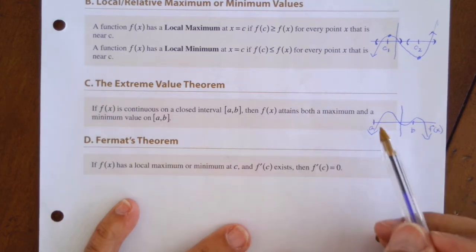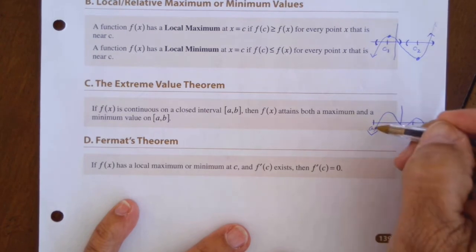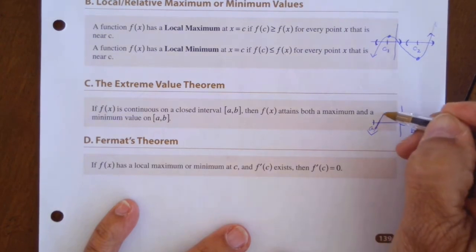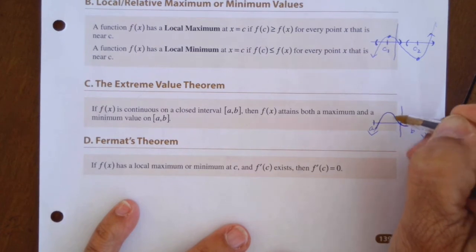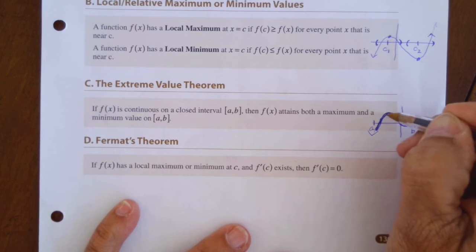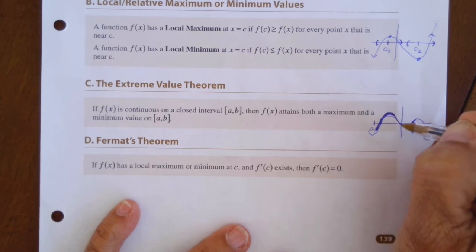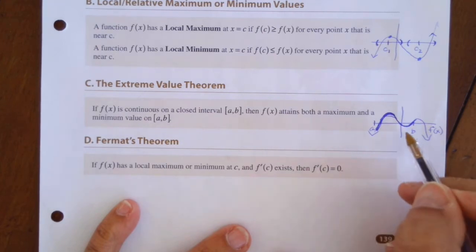So what this says is that between this point on the curve and everything to get to b, so all of this, somewhere in there will be a max value and a min value, okay?